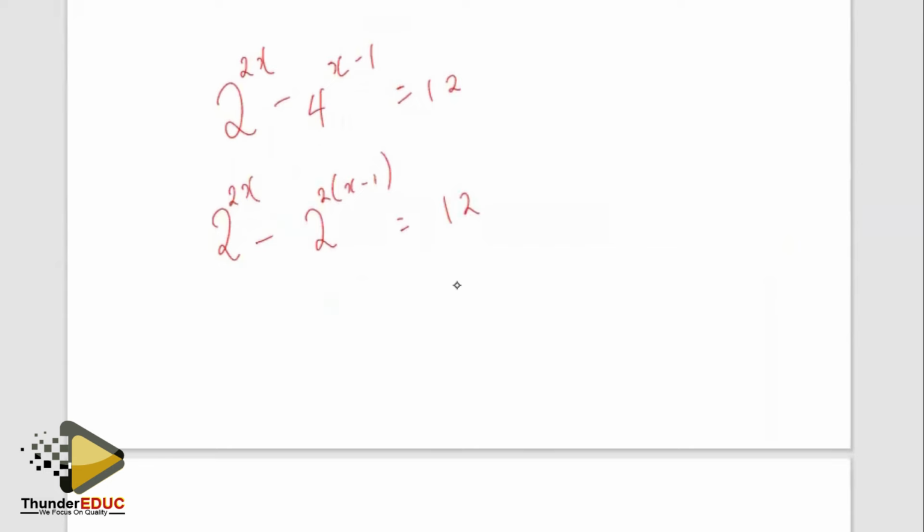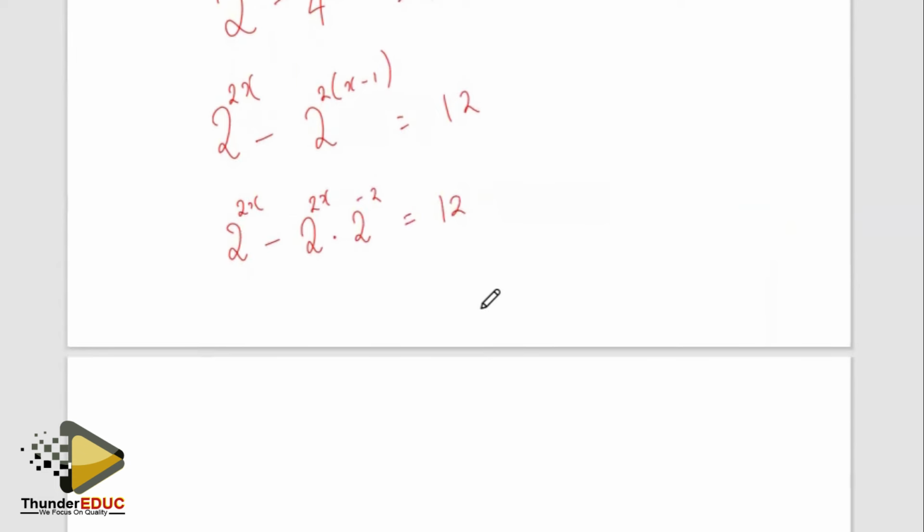If you try to expand that, it's going to be 2 to the 2x multiplied by 2 to the negative 2, is equal to 12. Let's factor out what is common, which is 2 to the 2x. And then I'll be left with 1 minus, we know that 2 to the negative 2 is just 1 over 4, is equal to 12.